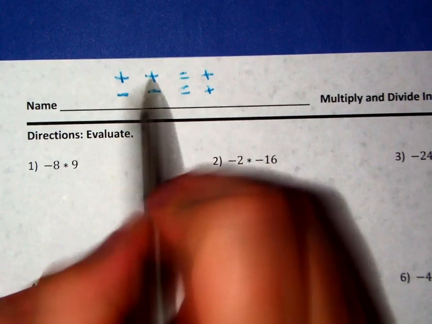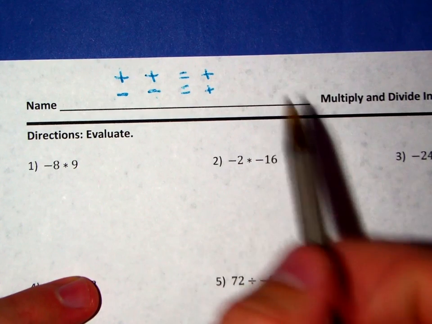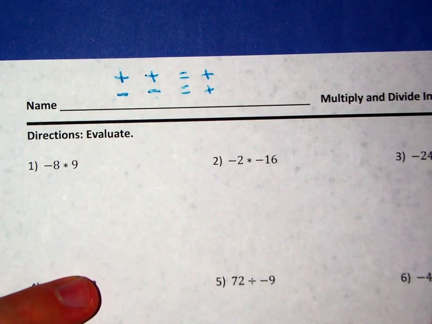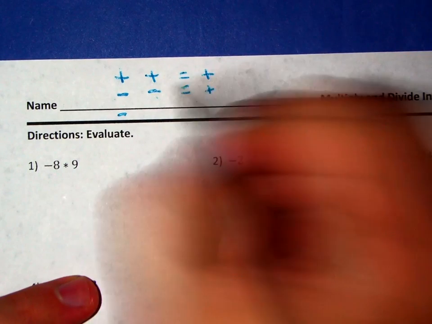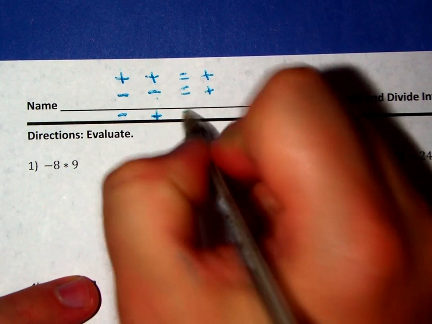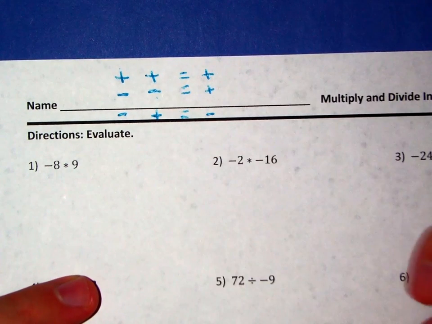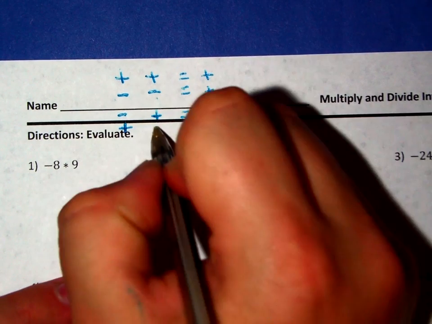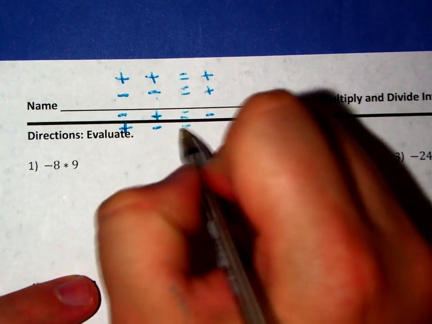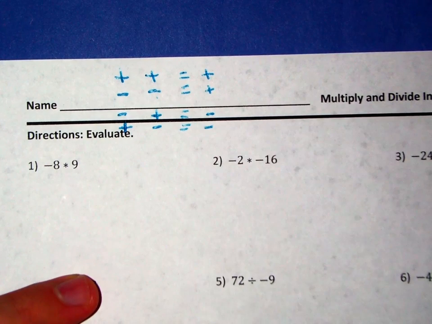So anytime the signs are the same for the two numbers that you're multiplying together, it will give you a positive solution. At the same time, if you multiply a negative number times a positive number, that will result in a negative solution. Or a positive number times a negative number will also result in a negative solution.